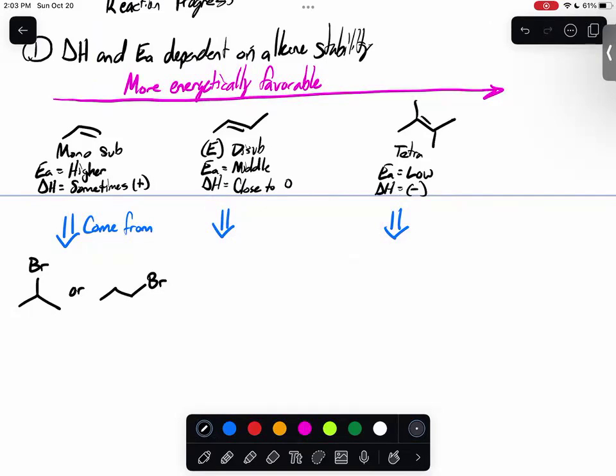For this one here in the middle, it's always coming from a secondary bromide. And for this one over here on the right, it has to come from a tertiary bromide. So notice in these cases that for our primary, secondary, and tertiary bromide, they are also in order of which is more favorable.